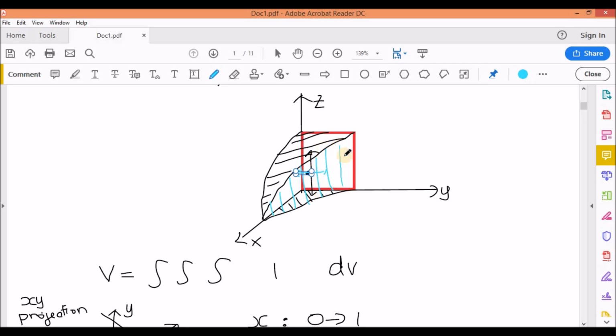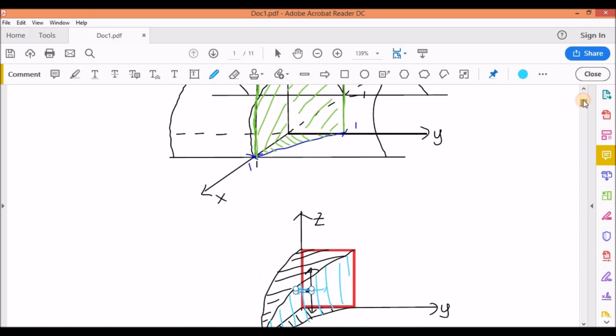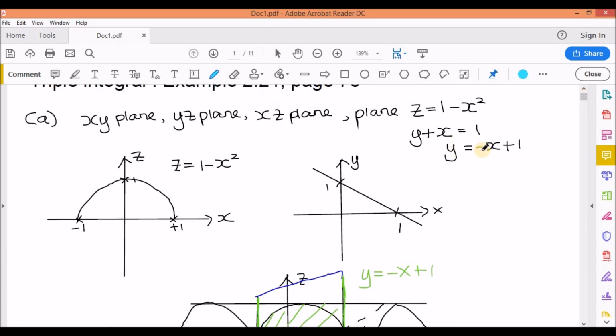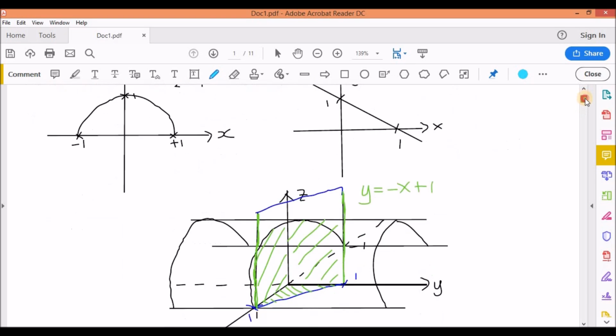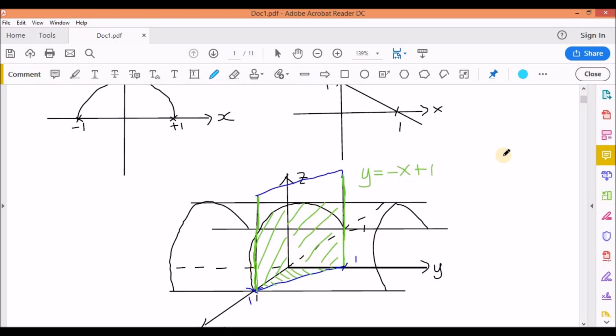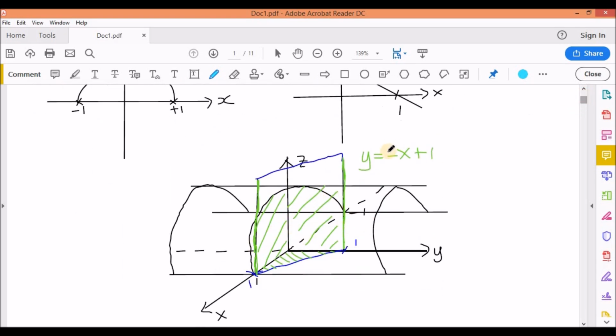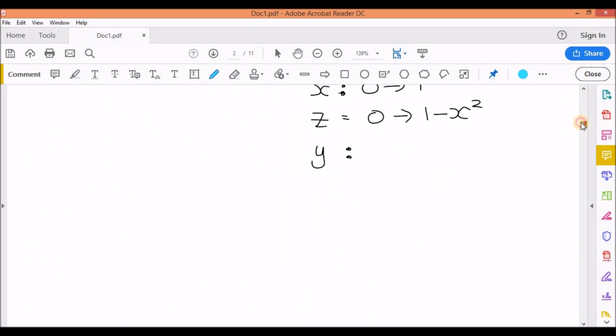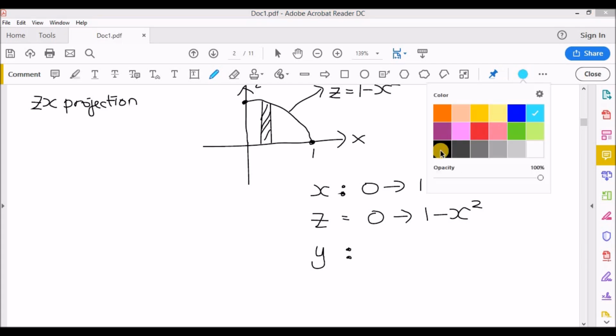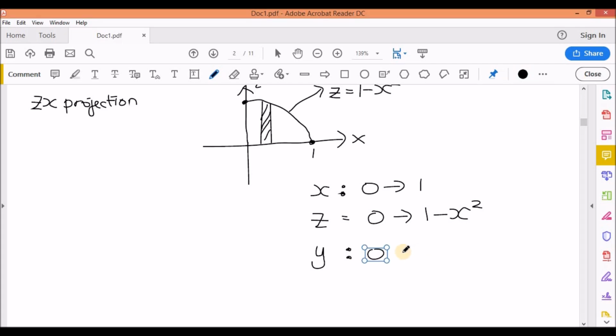This surface is actually a portion that is cut by the plane y equals negative x plus 1. So your y, in this case, will be from 0 up to negative x plus 1.